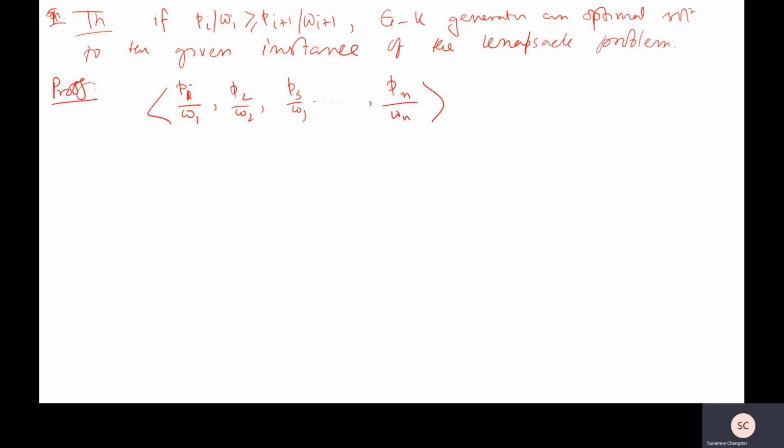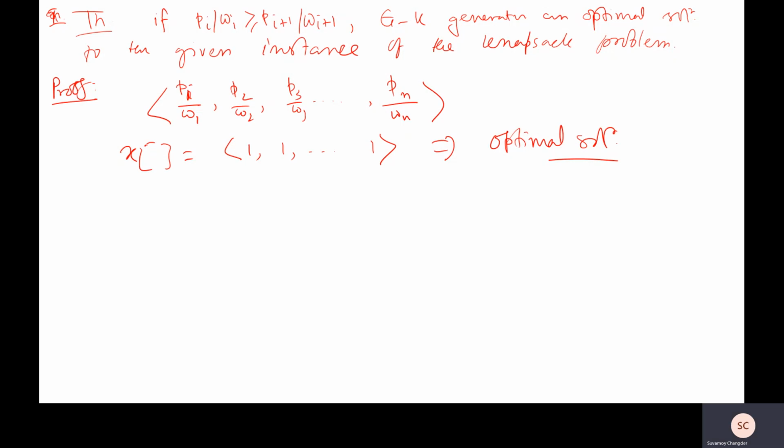Now, if we select all the elements, let X consist of all 1s, then what is the meaning of this? We have selected all the elements because the capacity allowed us to select all the elements, and therefore this is the optimal solution. There is no doubt.